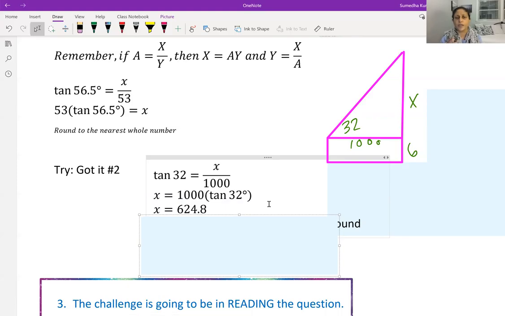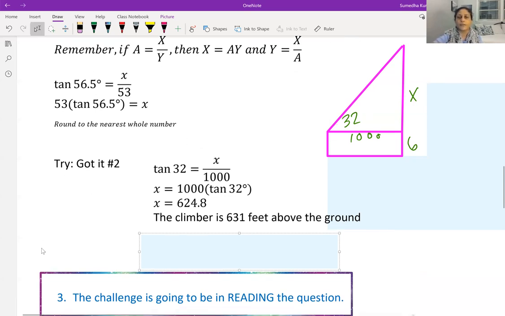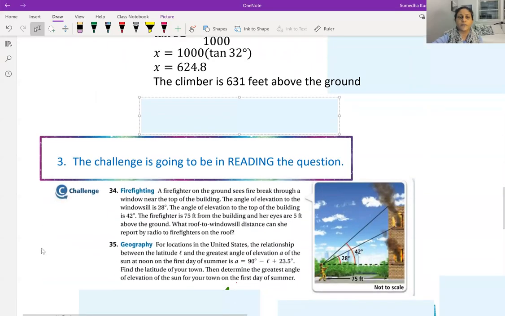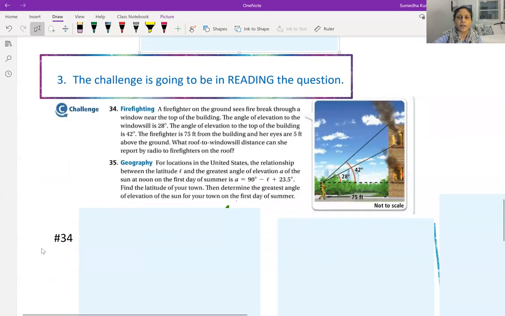Now remember, don't round inside a problem. You want to wait for the rounding all the way till the end. Your calculator can keep the numbers in it. And so you're going to add the 6 feet because the person is 6 feet tall, and the answer is 631 feet. So the problems themselves are not difficult, but the challenge is going to be in reading the question.